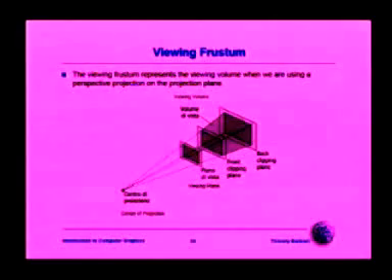A frustum is like a pyramid, but without the top, which is cut off. So this is the frustum over here. You see, this is the complete pyramid, but you're not considering all the pyramid, just the base of it, without the top. This area in gray over here is called the frustum.